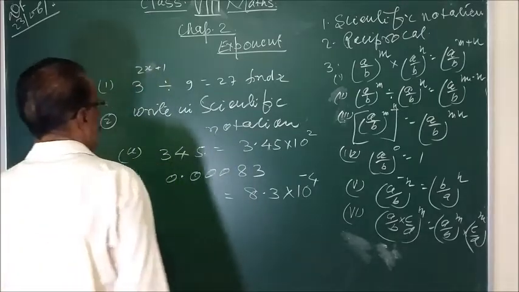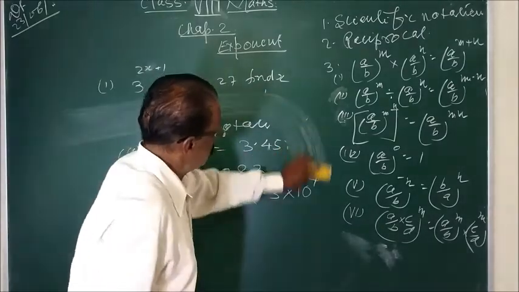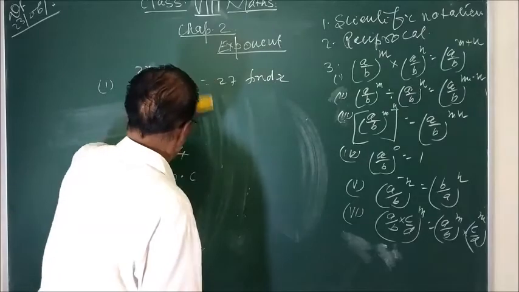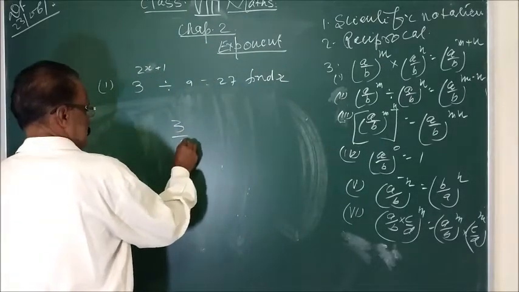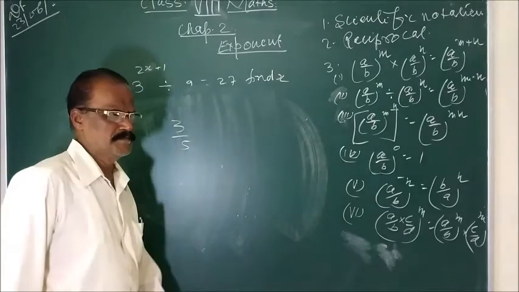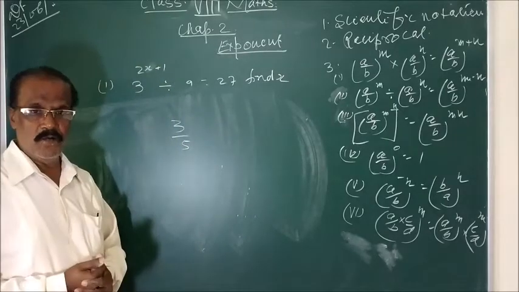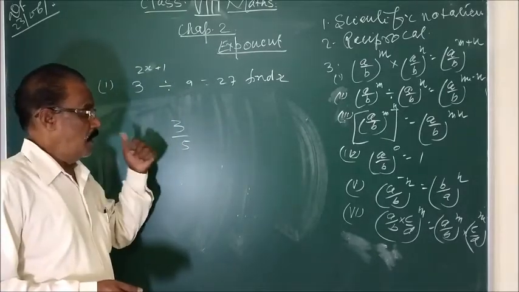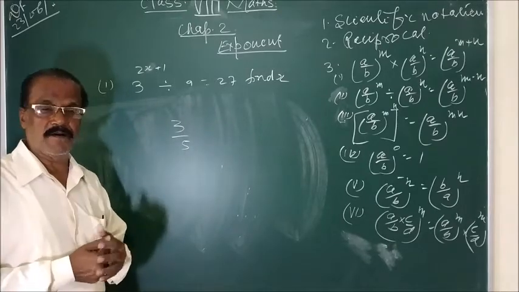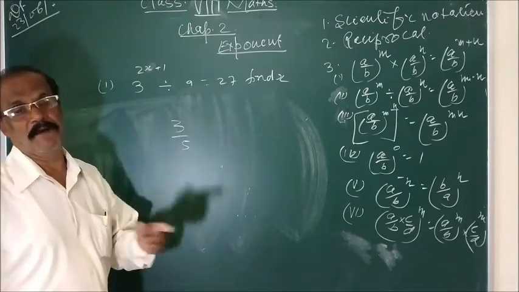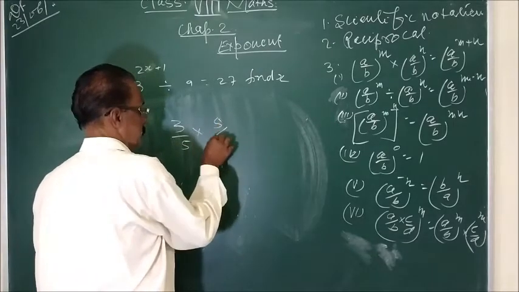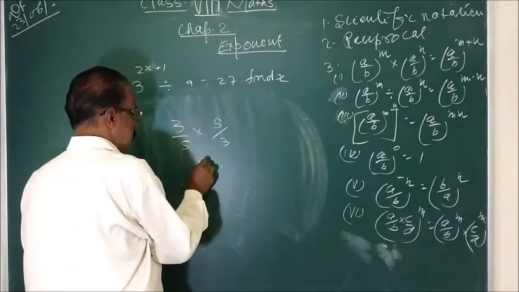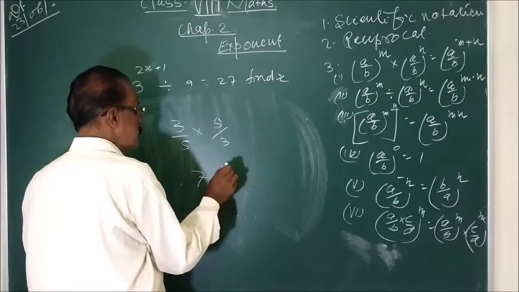Reciprocal, I have already explained to you. Suppose 3 by 5, a rational number, a fraction. If I ask you, what number is required to multiply 3 by 5 to get 1? The answer should be 5 by 3. Another example, suppose 7.